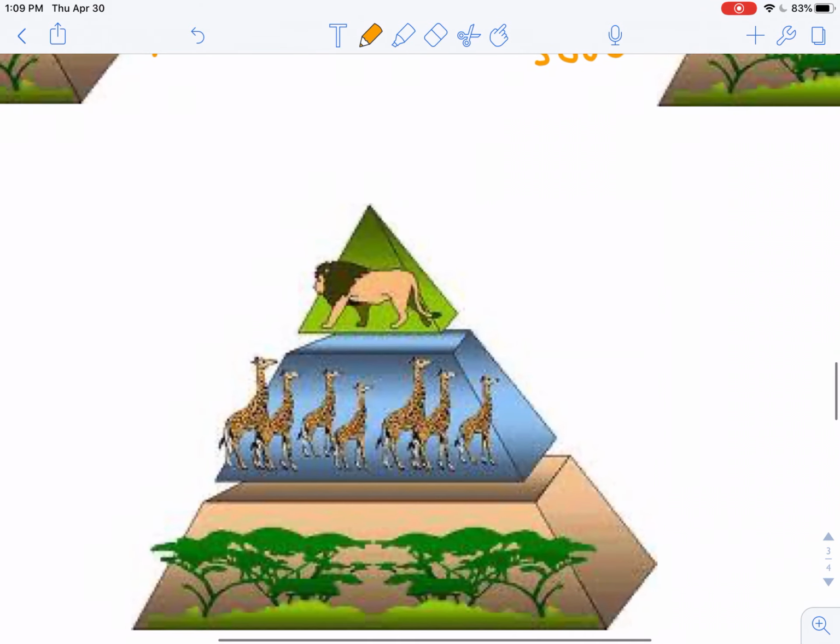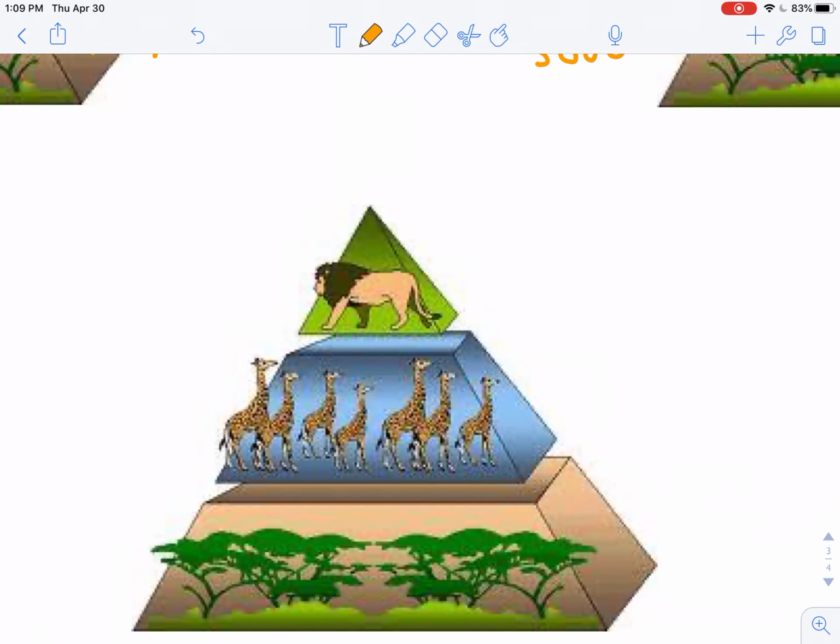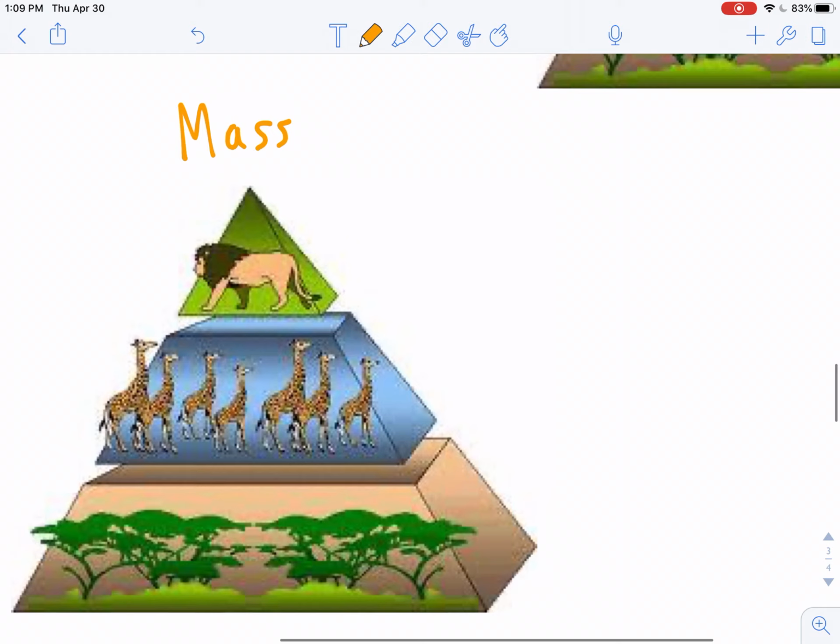Finally, this allows us to also talk about a pyramid that shows us the mass at each trophic level. So this one kind of requires our imagination, but if you go to this ecosystem and gather all the plants together and put them on a scale and weigh them, let's say they turn out to be about 20 million kilograms.